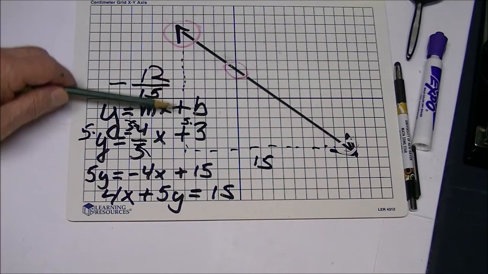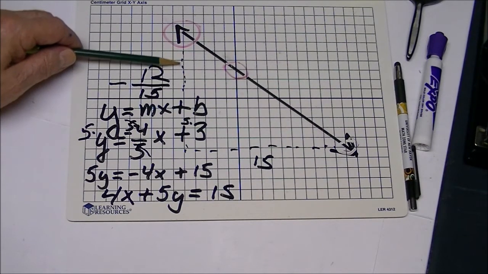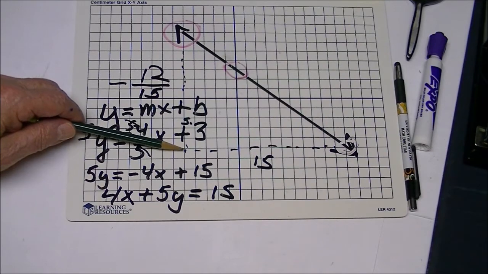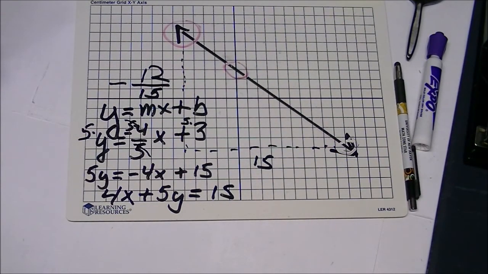So there was a rise of 12. And notice if we count from here, going down, that's a negative number. And then counting in this direction, that's a positive number. And then we converted it from slope-intercept into standard form, another skill that you're going to be working on.